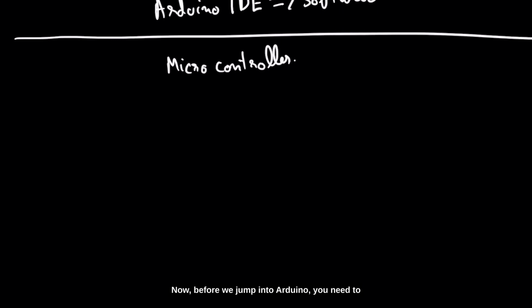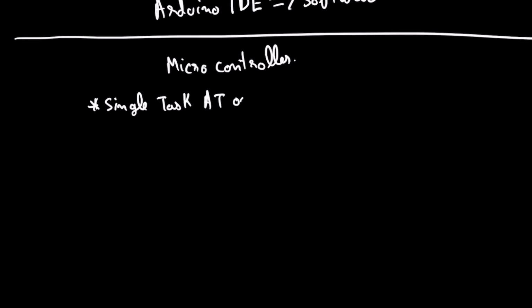Before we jump into Arduino, you need to understand a couple of properties of a microcontroller. A couple of properties which are always there and which you should always remember, and it's going to help you a lot in the journey. A microcontroller by default can perform a single task at one time.